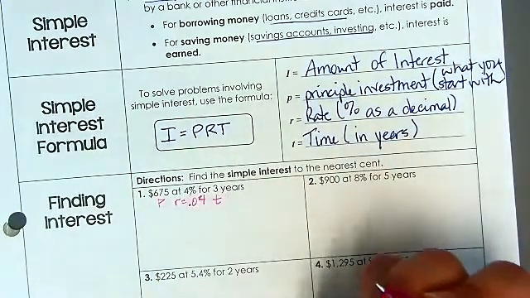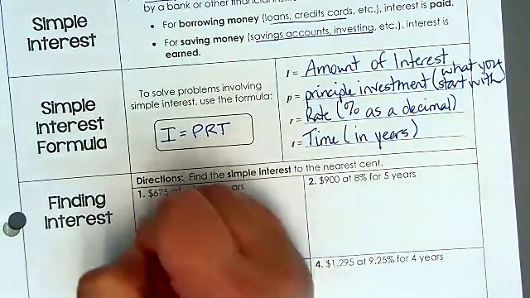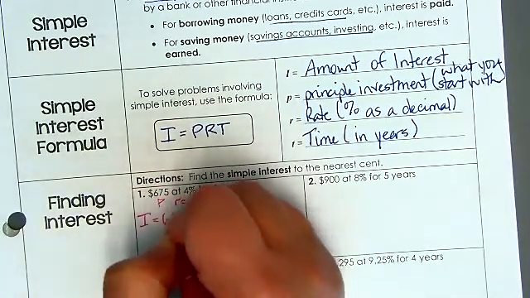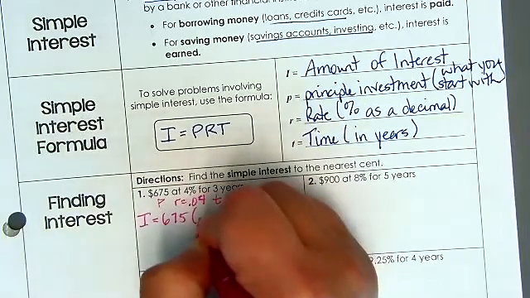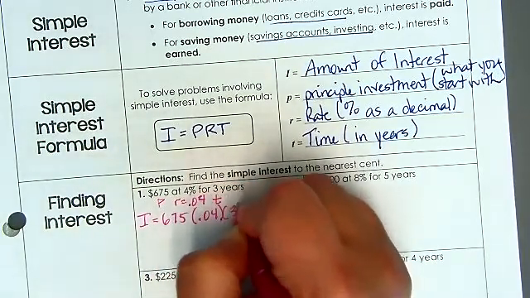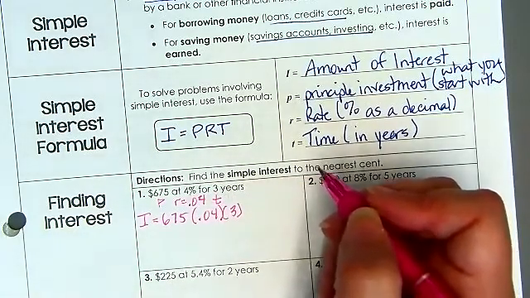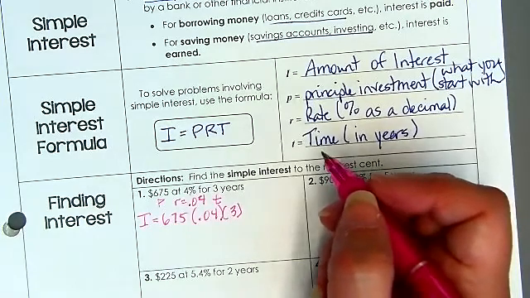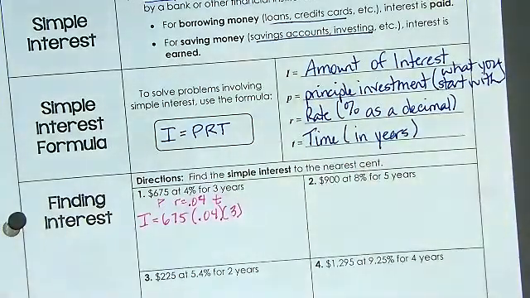So now I plug and chug. Into my formula, I equals 675 times 0.04 times 3. And yes, you do get to use a calculator, but you can only technically multiply one at a time.